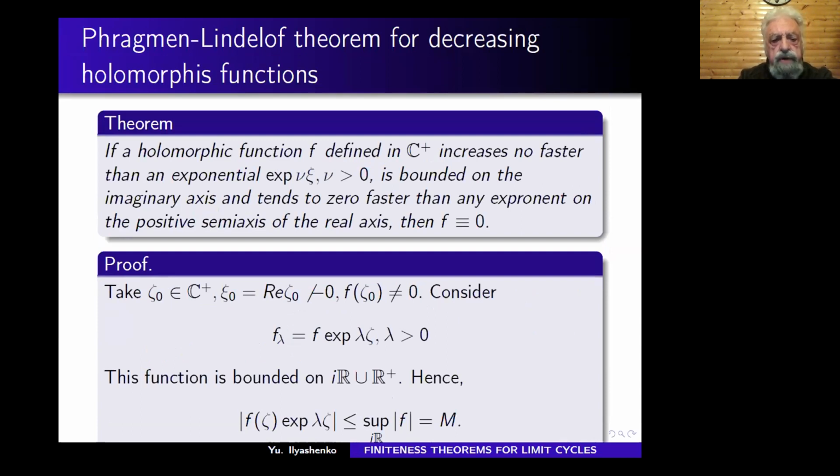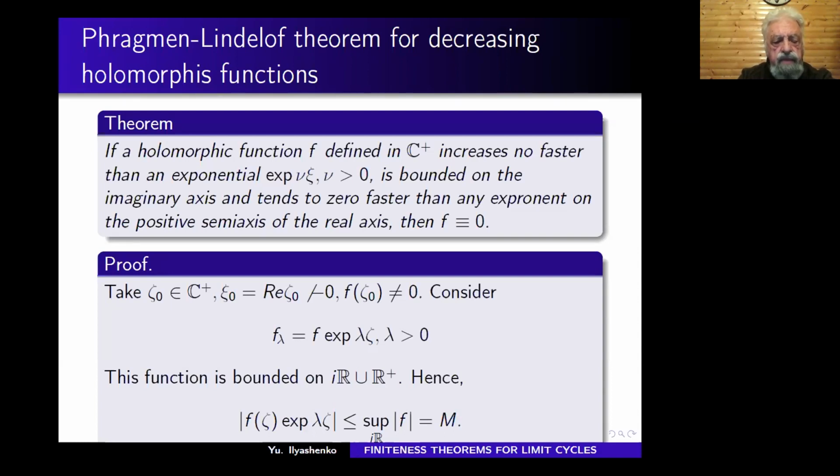If a holomorphic function f defined in a right half plane increases no faster than an exponential of nu psi, is bounded on the imaginary axis and tends to zero faster than any exponent on the positive semi-axis of the real axis, then f is identically equal to 0. And the proof is very simple.